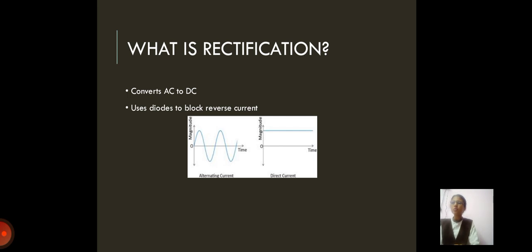The key component will allow the current to flow in only one direction, and it blocks the negative half of the AC cycle. By this, we get pulsating DC. We will not get the direct output from the rectifier; we will get pulsating DC. On further passing through the filter and the voltage regulator, we will get the direct current, DC.